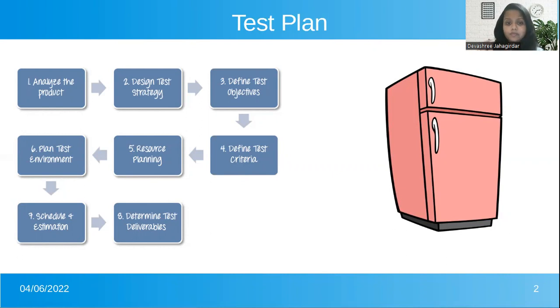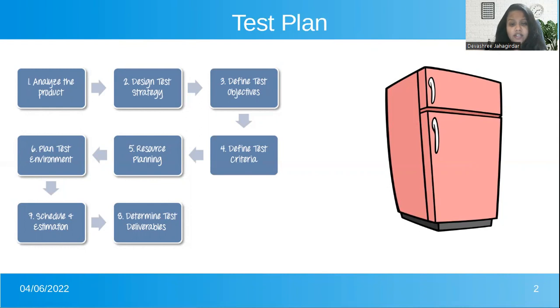We need to list out all its features. So this is the defining of the objective: what will be achieved, or what the goal of the testing we are doing is. Here we need to define what will actually be achieved by doing that particular test. So this is what define test objectives is.